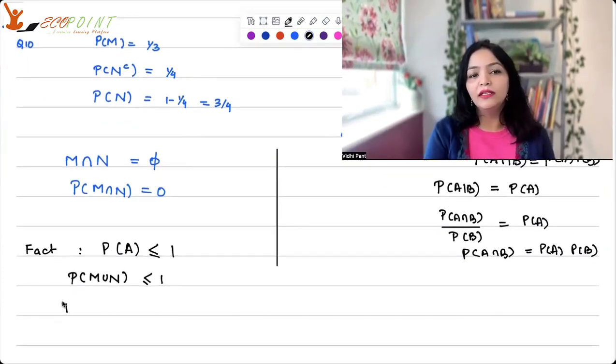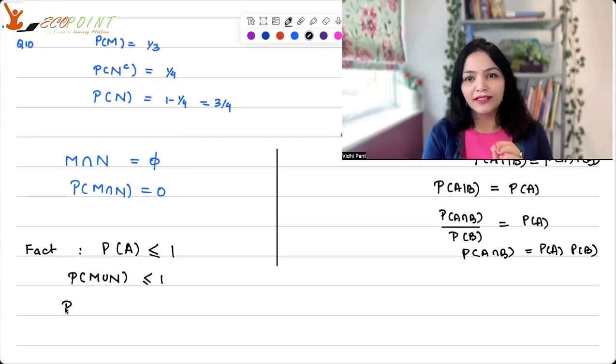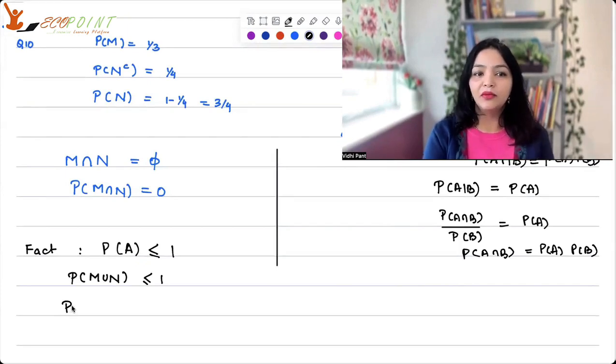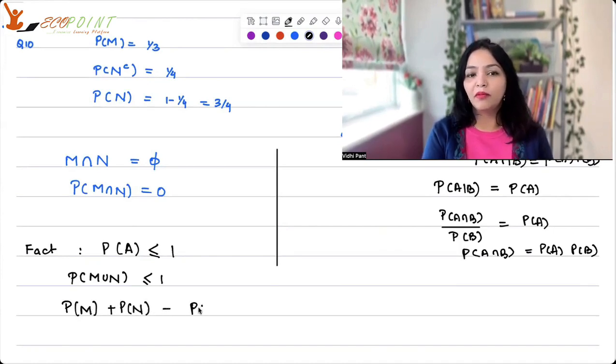Now, the formula for union includes probability of M, probability of N, and also the probability of the intersection. Probability M union N is basically probability M plus probability N minus probability of the intersection. So this should be less than or equal to 1.